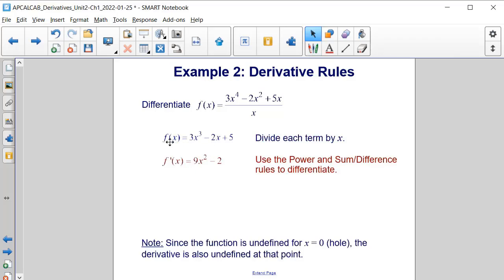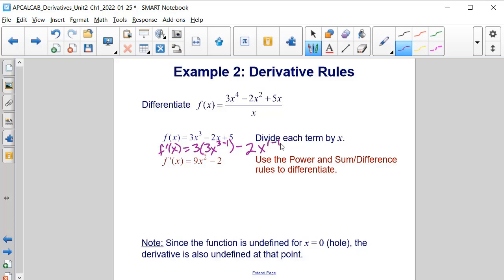Now we can differentiate the simplified version of f of x using the power and sum or difference rules. And when we do that, we will get that f prime of x is equal to 3 times 3x to the 3 minus 1 minus 2 times x raised to the 1 minus 1 and plus 0, because the derivative of any constant term is 0.